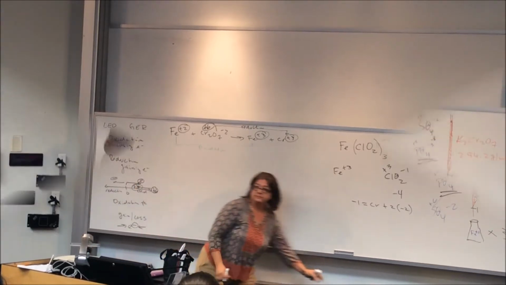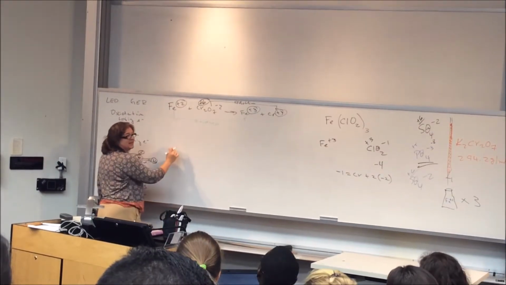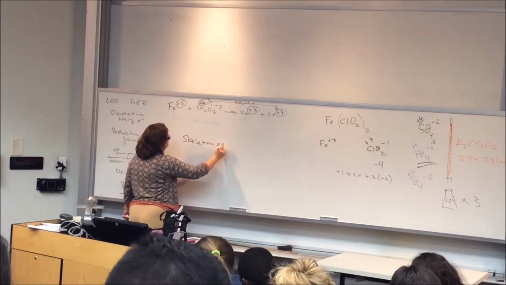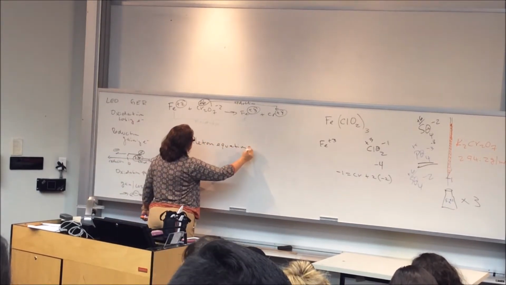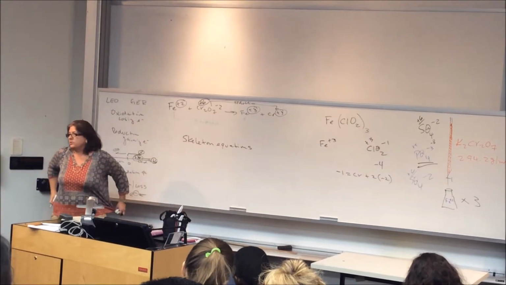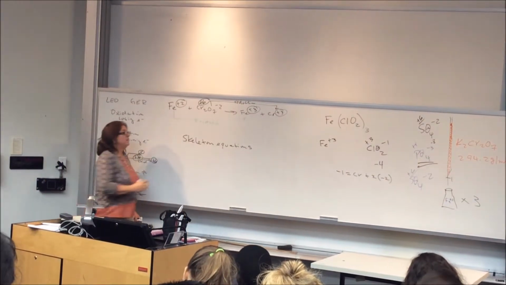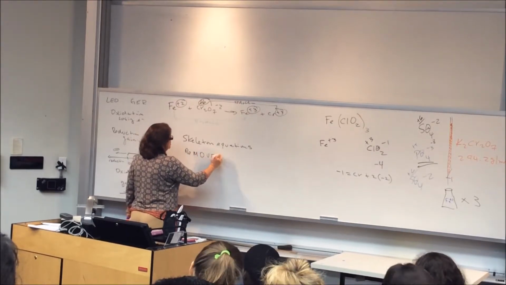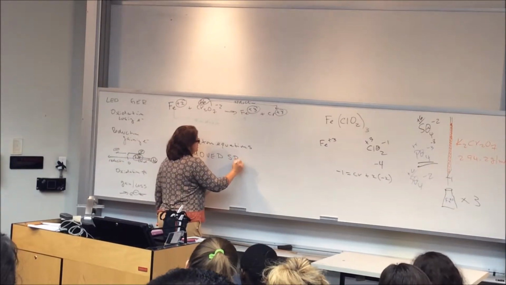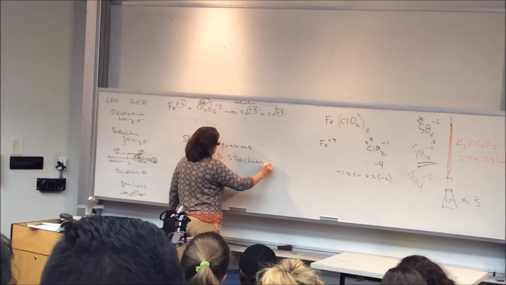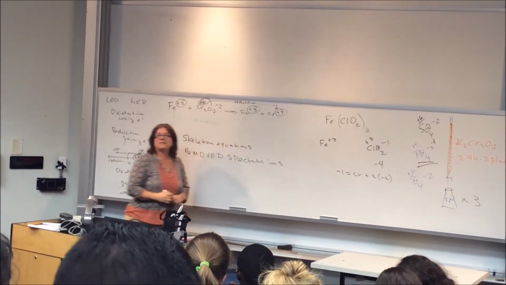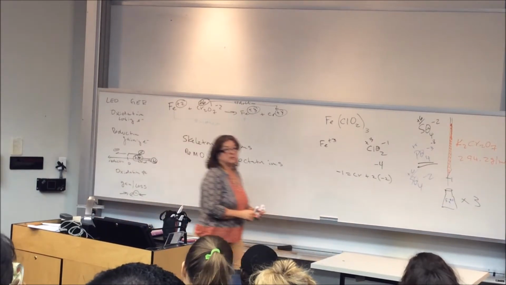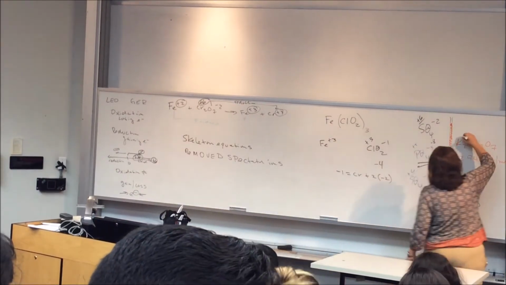Reactions like this are called skeleton equations. We did that because, to make your life easy, we removed spectator ions, like that one.